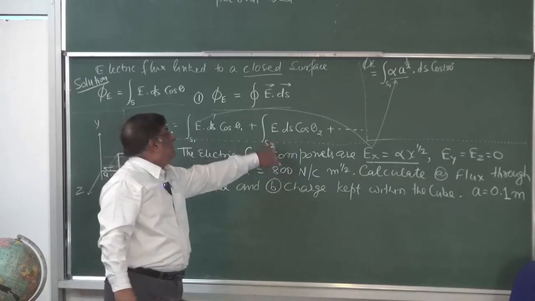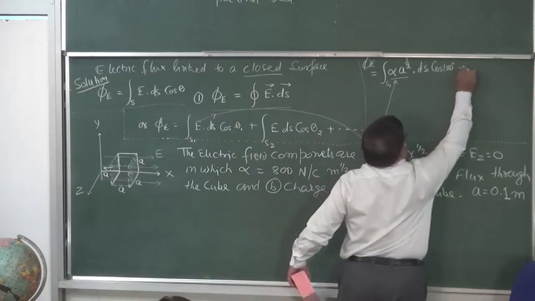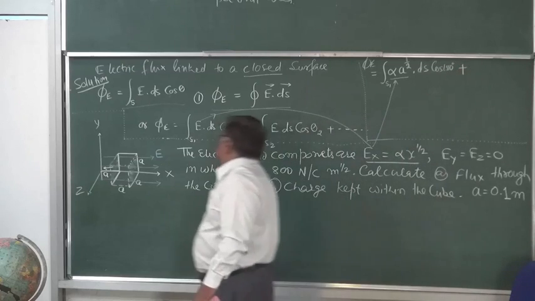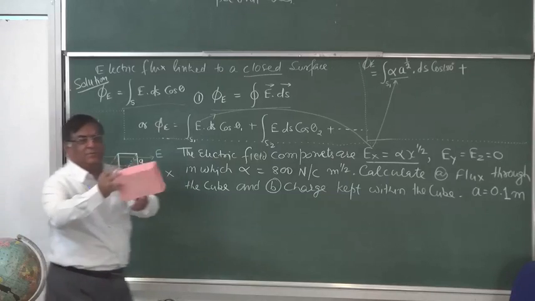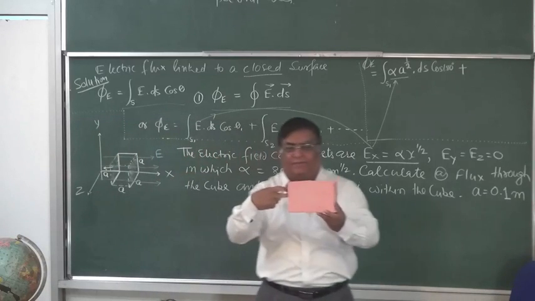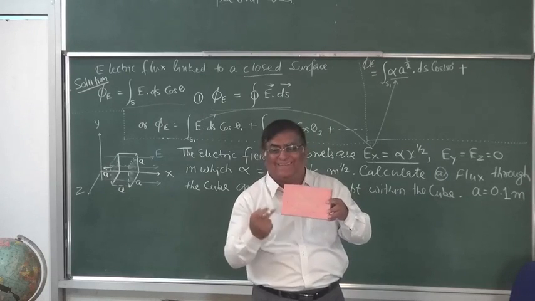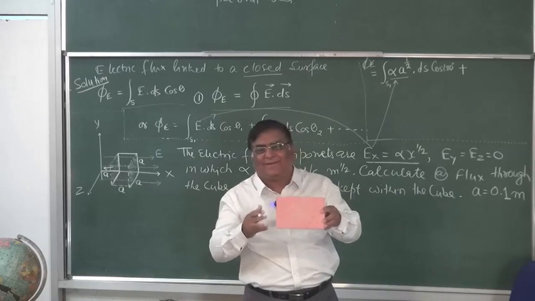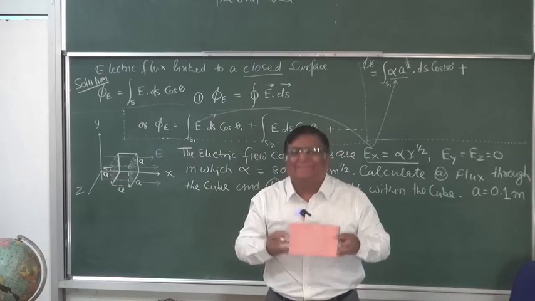Now come to the surface number 2. Surface number 2 आप किसको मानेंगे? ये सरफेस 1 थी, 2 किधर ले, नीचे कि सामने? अरे आप टाइम वेस्ट मत करो, हैं? सामने, ठीक है.